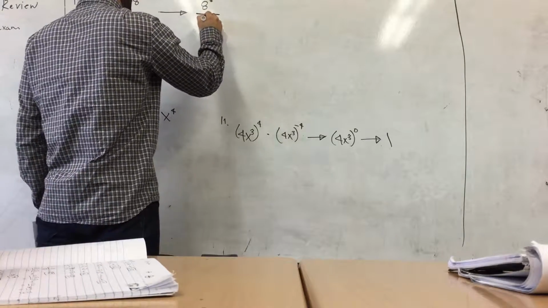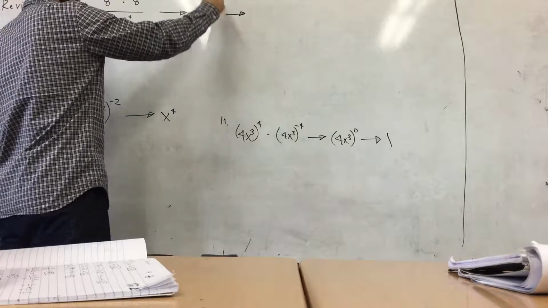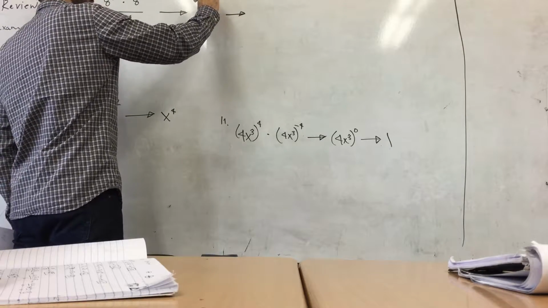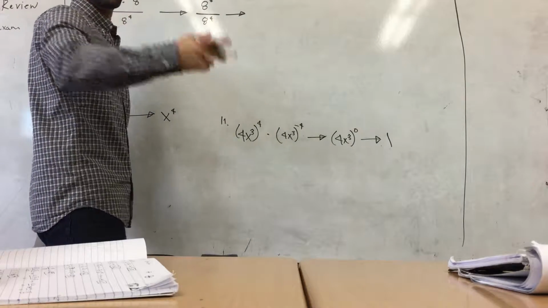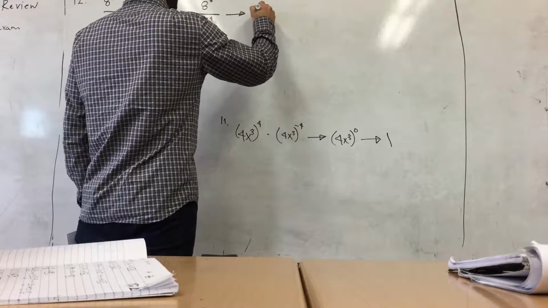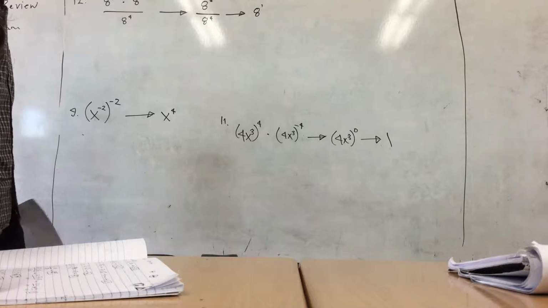And on the bottom you've got 8 to the 4th. What do you do when you have a common base raised to an exponent? Subtract. Would it be 8 to the first? You don't have to put the 1. If you just put 8, I give you credit.